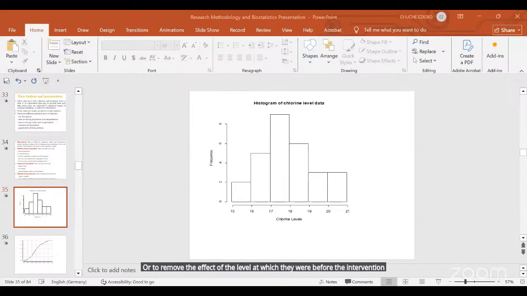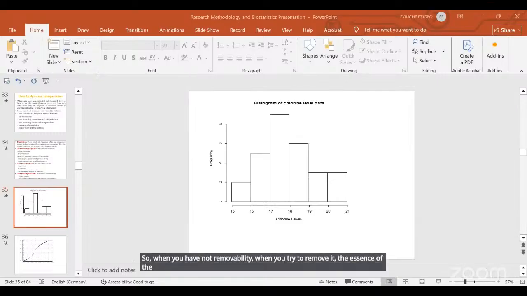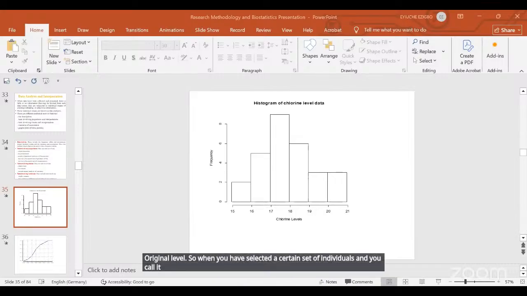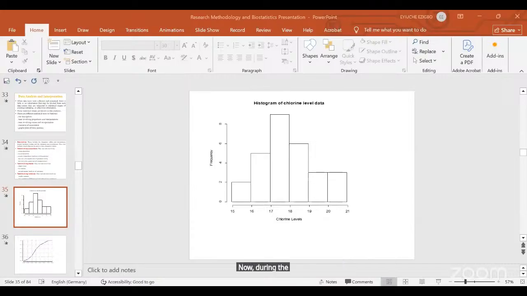The essence of the post-test and pre-test is just to remove the effect of the original level where they were. So when you have selected a certain set of individuals and you carried out a pre-test, now during the post-test you suddenly see another set of people.